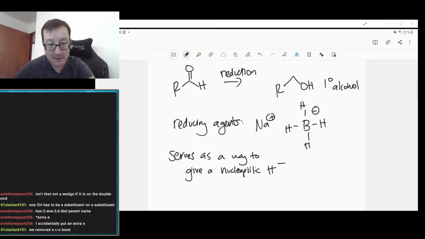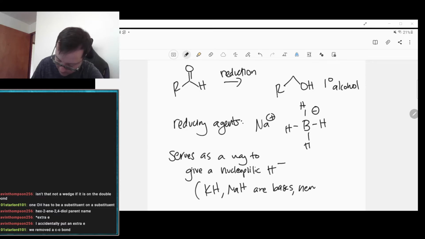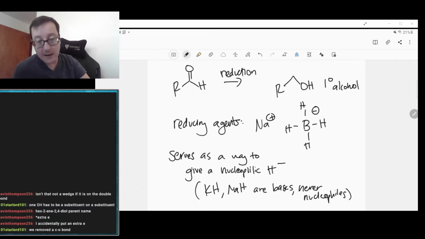It is a base. So remember just KH or NaH are bases, never nucleophiles. So if we want to add a hydride as a nucleophile, we need to help it out. And one way to do that is to use it in the form of sodium borohydride.